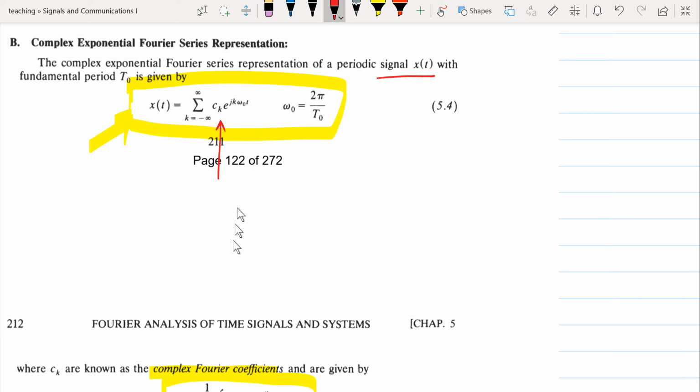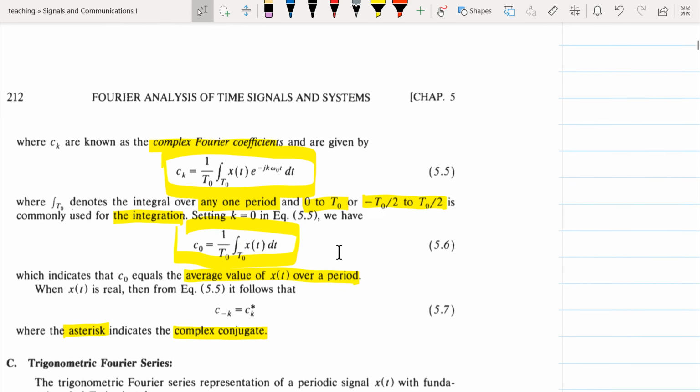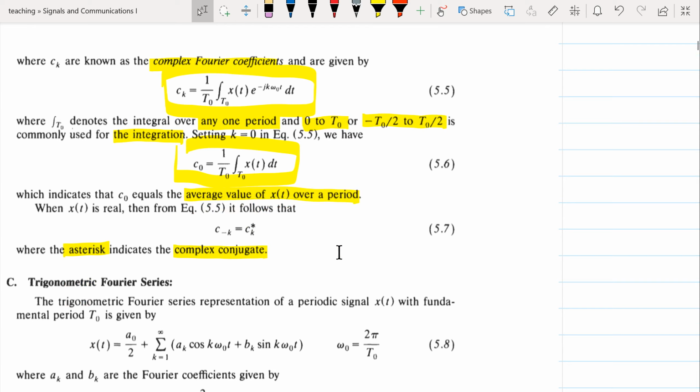The only new term that we are introducing is c_k, known as the complex Fourier coefficient, and is defined by equation 5.5, which is the integral over any one period.